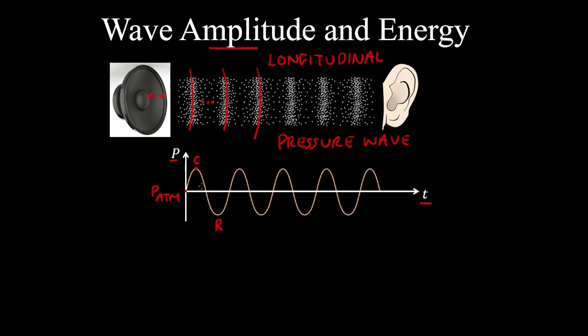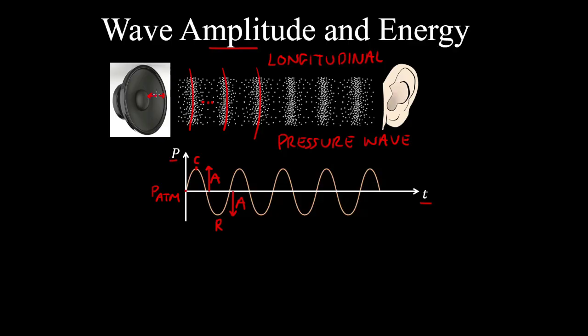In this case, we see the pressure wave is periodic and the amplitude of the oscillation is measured from equilibrium to the maximum pressure or the minimum pressure.